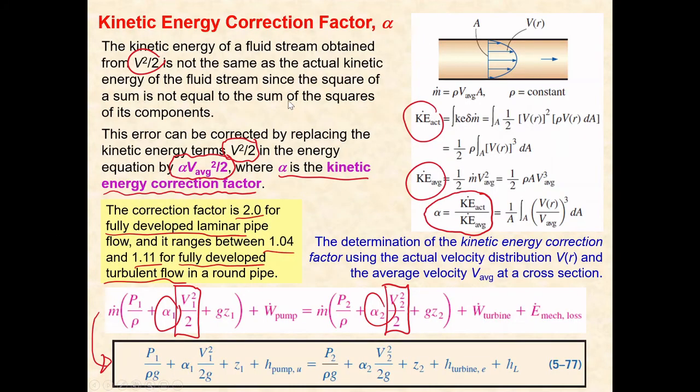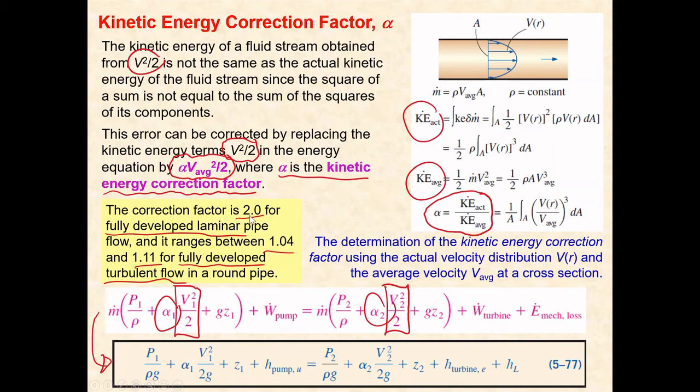Okay, so these slides show there is a kinetic energy correction factor alpha. If you look at this energy equation, everything is the same except that we have alpha 1 and alpha 2. These alpha 1 and alpha 2 are introduced as a correction to the equation. Why? Because when we compare the actual kinetic energy with the average kinetic energy, we found that this ratio alpha is actually greater than 1.